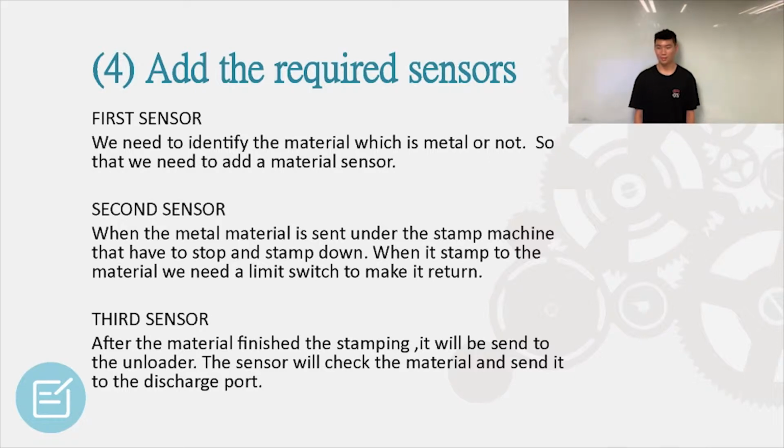When it has stamped the material, we need a limit switch to make it return. Third sensor: after the material finishes stamping, it will be sent to the unloader. The sensor will check the material and send it into the discharge port.